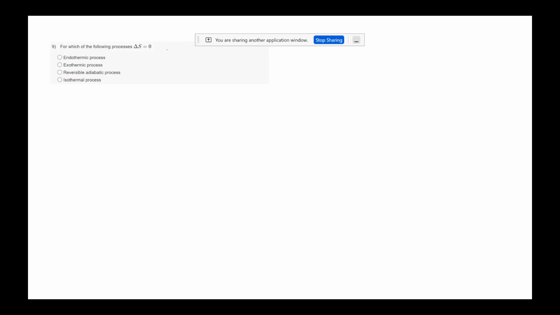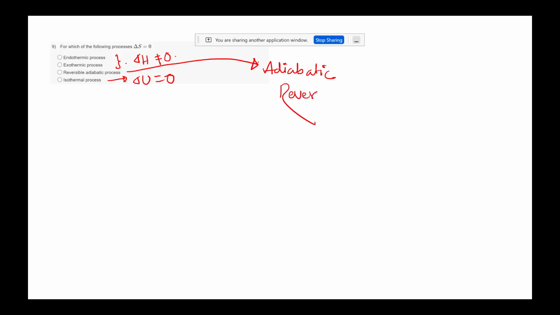Now, endothermic and exothermic depend on the enthalpy, so how much heat is actually extracted or given to the system. This is not the thing. An isothermal process has delta U equal to 0. Now, in an adiabatic reversible process, heat exchange Q equals 0, and we can write T dS equal to Q for the reversible process.